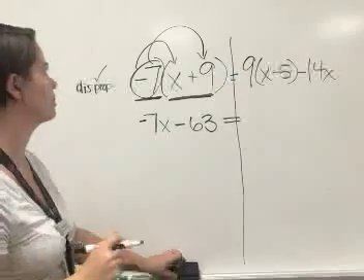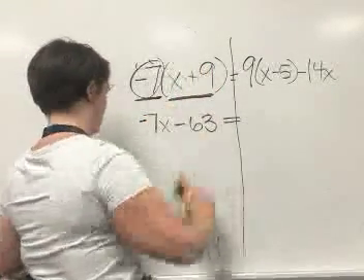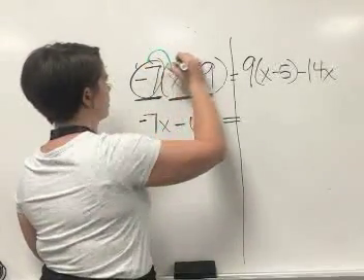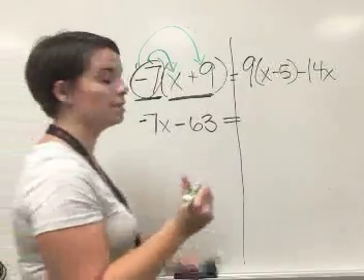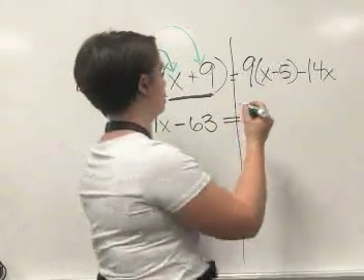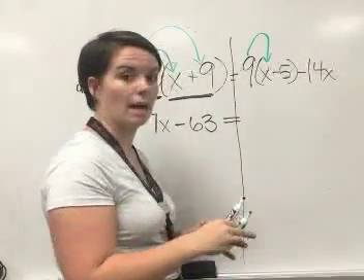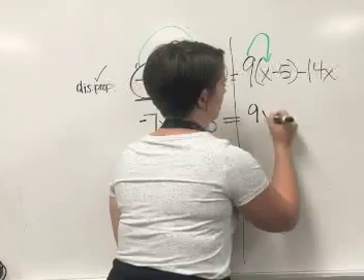Now I'm going to do these in different colors for you. Now I'm going to do the same thing on this side of the equation. I'm going to multiply +9 times x, which is 9x.